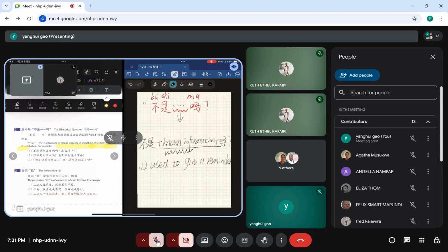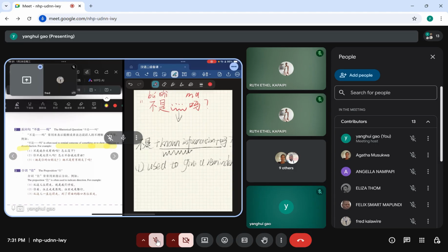Now let's learn some words you need to know. 手机, the phone. Okay, 手机. And 书, book. My book, 我的书. Okay, the first one, the phone, and then the book.